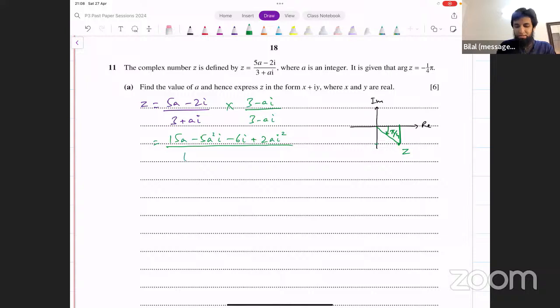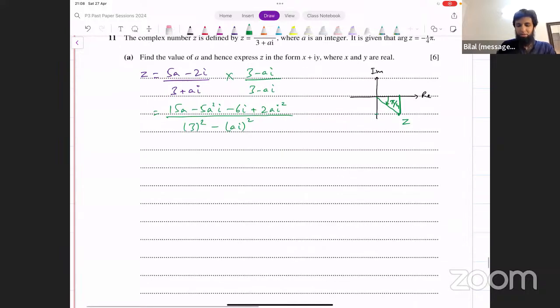We can say that's 3 squared minus (a iota) squared. Let's simplify this further. We get 15a minus 5a squared iota minus 6 iota plus 2a into minus 1. In the denominator, we get 9 minus a squared iota squared.